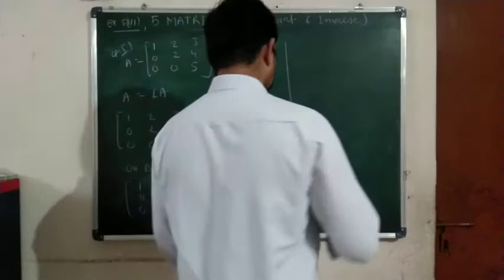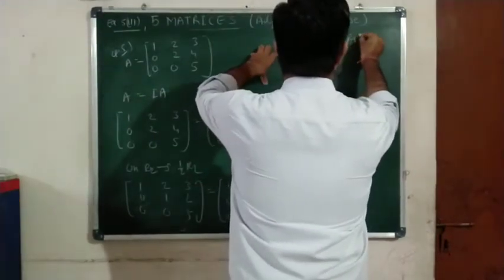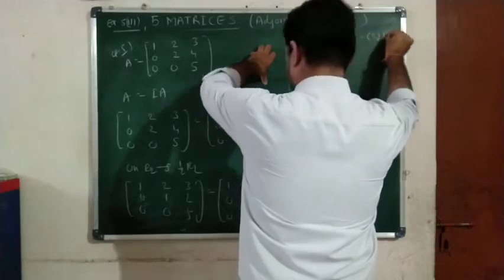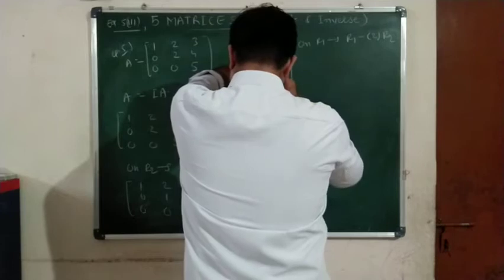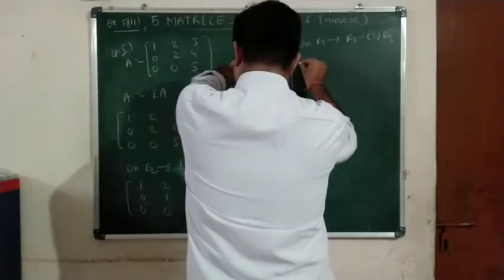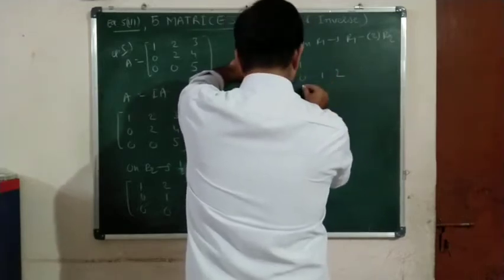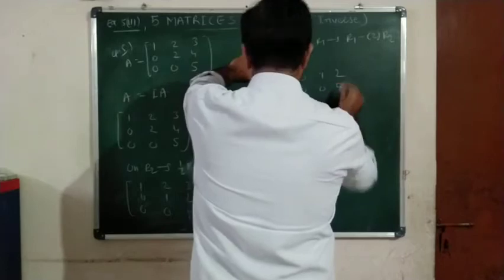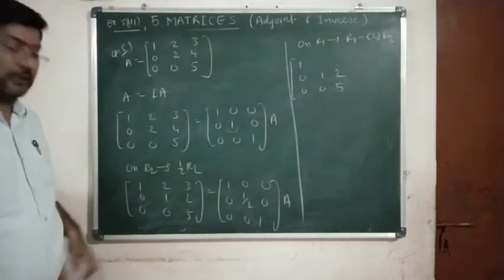So what we will do, we will multiply by 2 and subtract. Clear? So on R1 minus 2 into R2. Where you are not carrying out any operation, the 2 rows you first write down as they are.